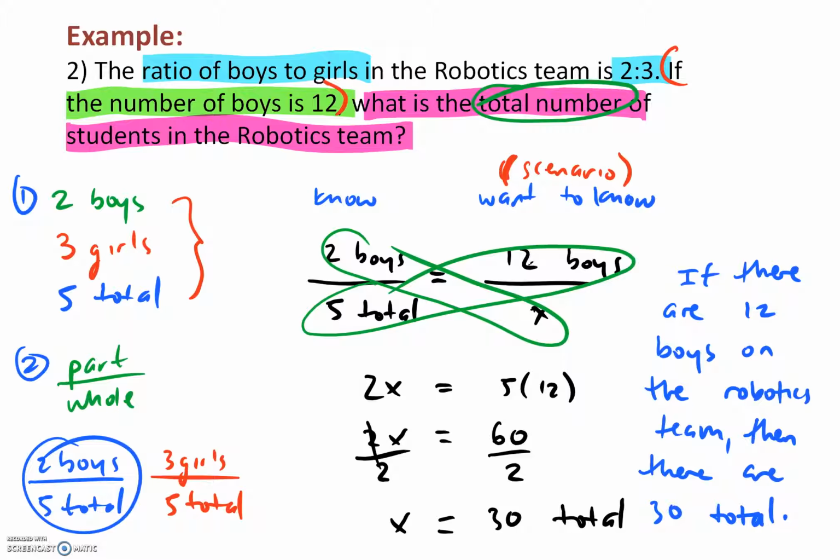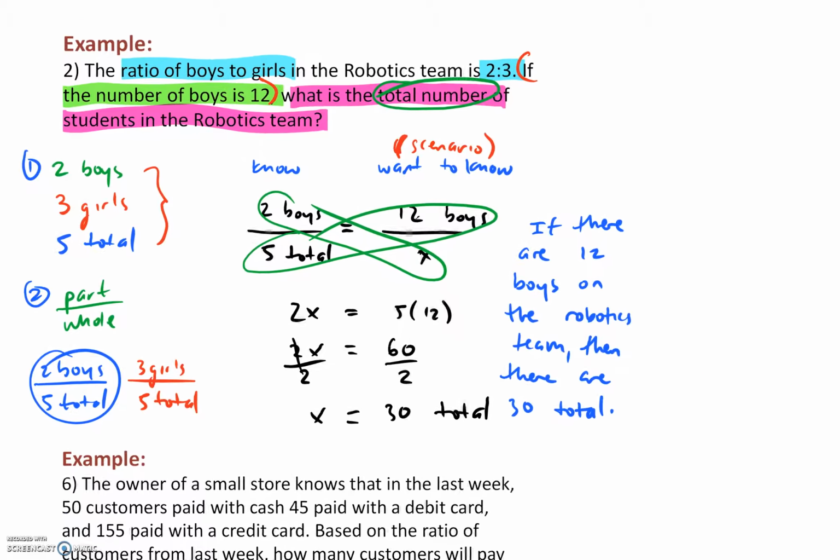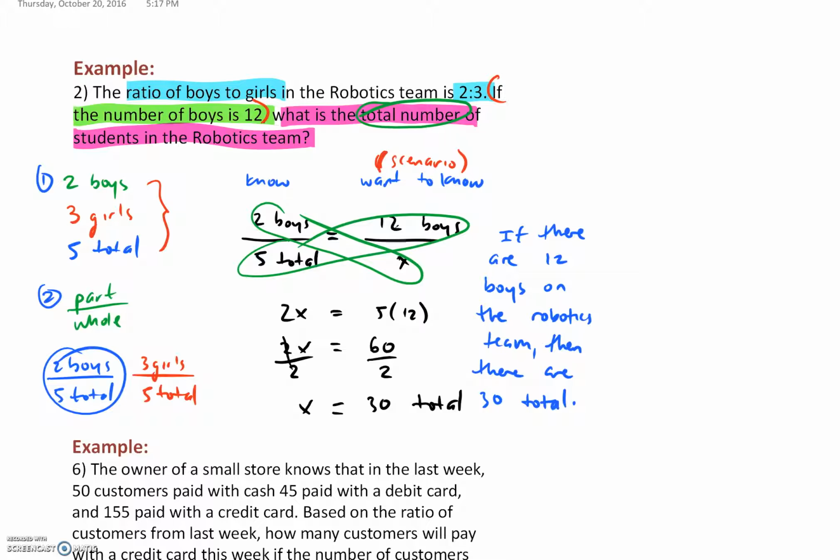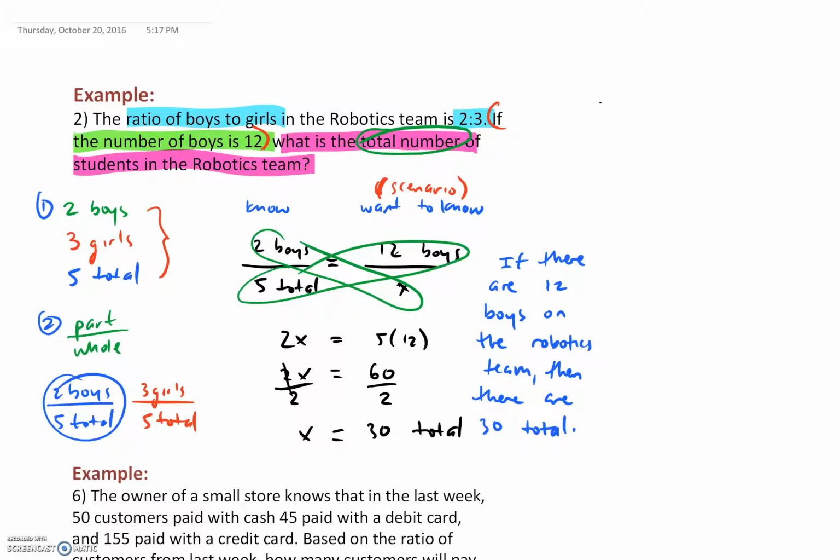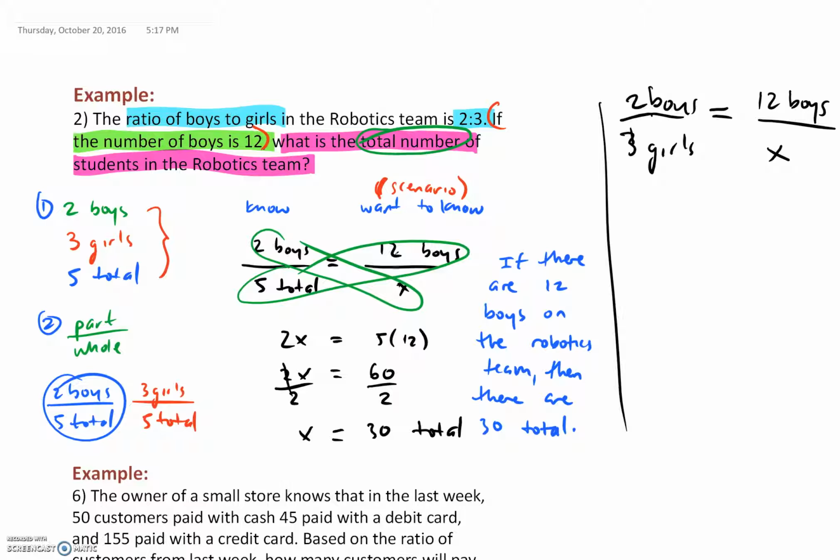Okay? Now, one thing I want to point out is we actually could have used a part-to-part ratio to answer this question. So if we decided to use a part-to-part ratio, we would have 2 boys over 3 girls equals, remember the second ratio comes from your scenario, 12 boys to X girls.